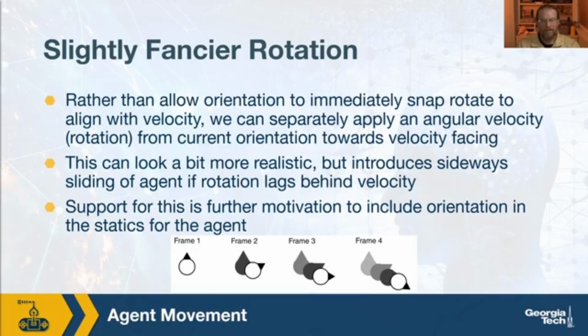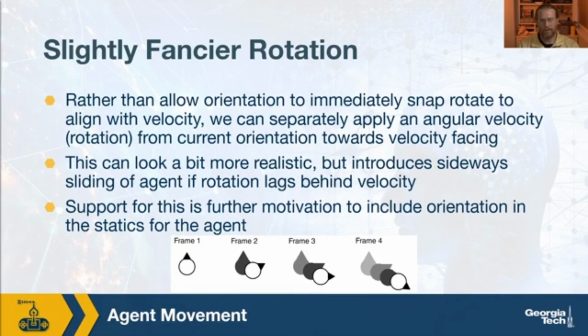We could have some slightly fancier rotation, because if you think about what's happening here, we're picking the direction to go. So we're figuring out a velocity, and then we're just always setting rotation immediately to the velocity. This could create scenarios where if positions change suddenly, like our target position, over a single frame of the simulation you're going to just snap the orientation of the game object to immediately face a new direction.